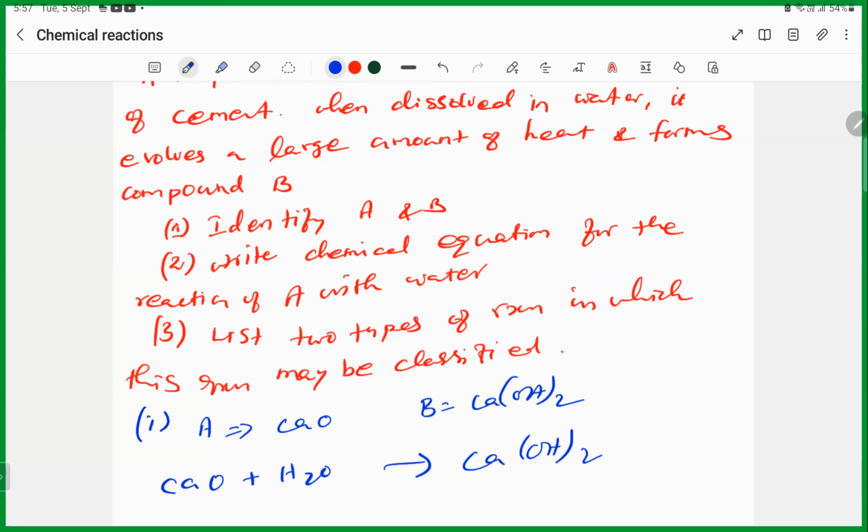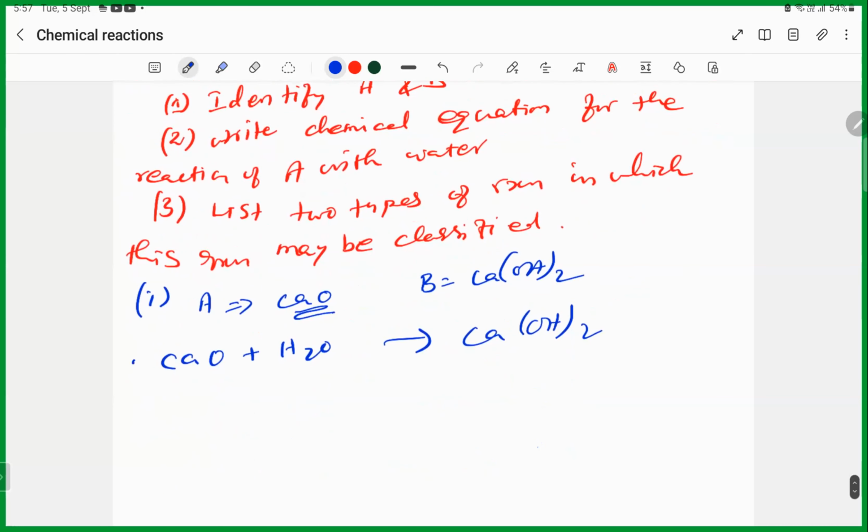See, A is calcium oxide, which is used in the manufacture of cement. B is calcium hydroxide.